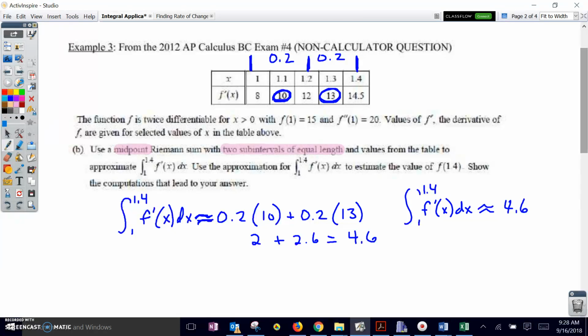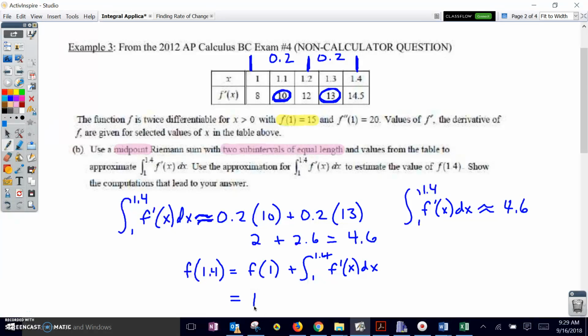And we're going to apply what we talked about in the last video as far as net change. To find f of 1.4, we're going to take the value of f of 1 plus the integral from 1 to 1.4 of f prime of x. If you look up in the table in the problem stem, you see that f of 1 is a known value of 15.